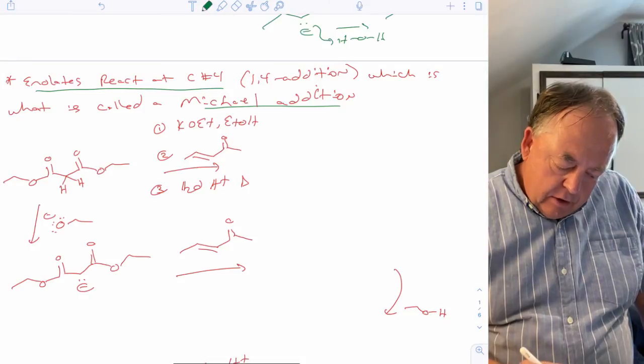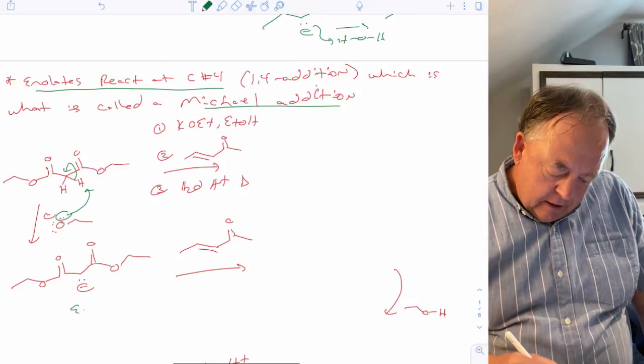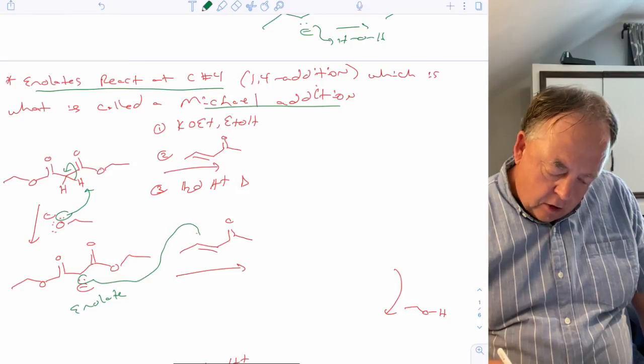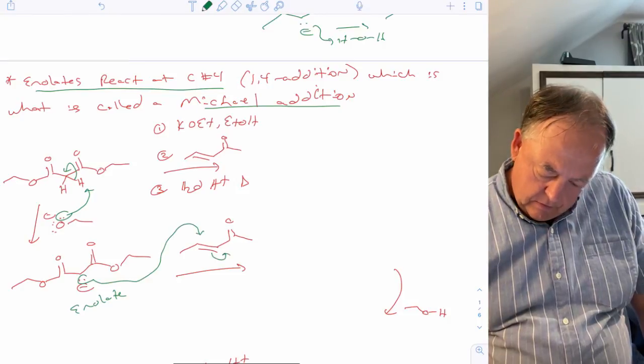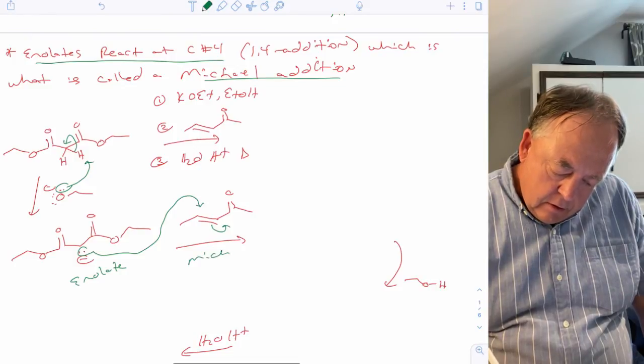Okay, so if we took a molecule like this and reacted it with a base, so you can deprotonate that carbon, and so now you have an enolate, and the enolate would react at the beta carbon. So that's the Michael addition.